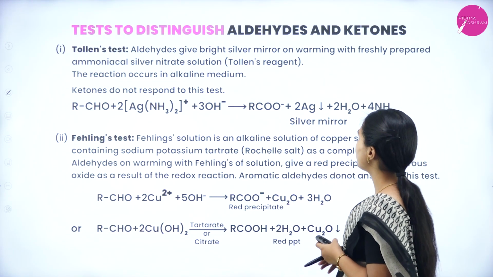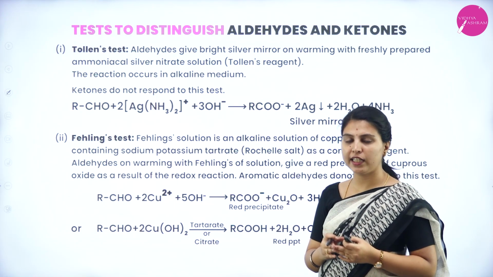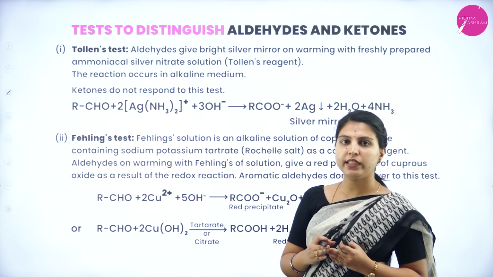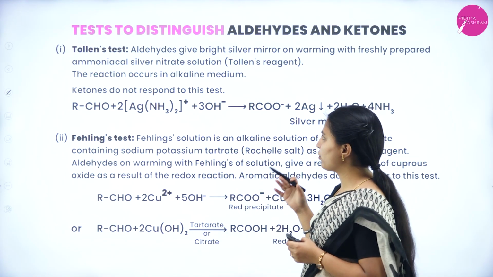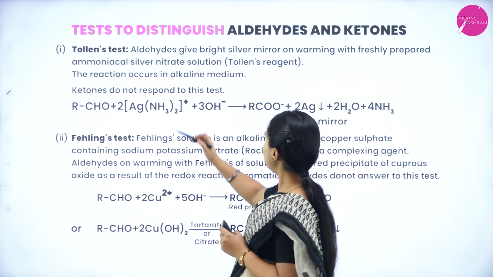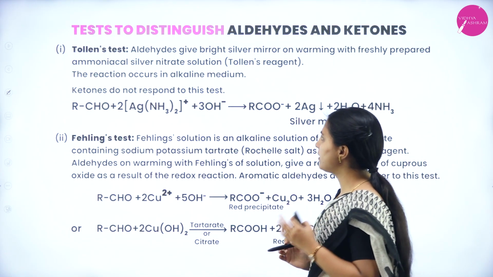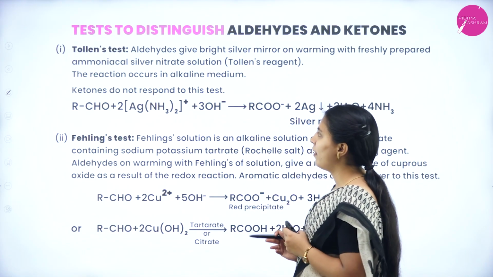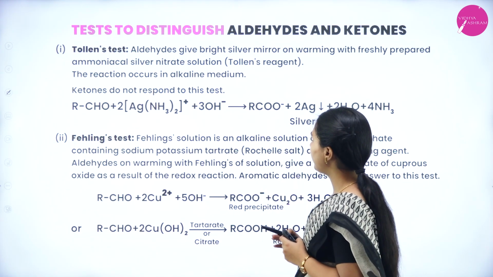Test to distinguish aldehydes and ketones. To distinguish aldehydes and ketones in your qualitative analysis, this test is very essential, that is the Tollens test or silver mirror test. Aldehydes give a bright silver mirror on warming with freshly prepared ammoniacal silver nitrate solution.